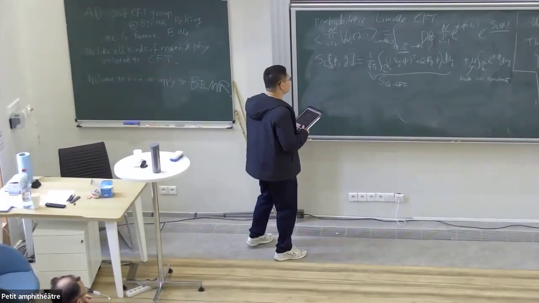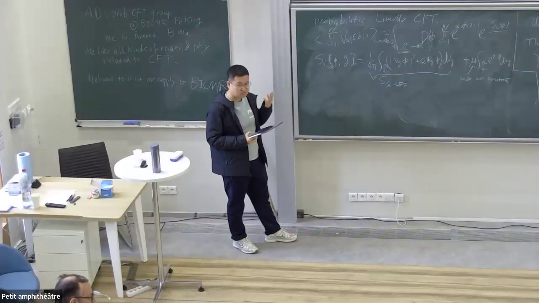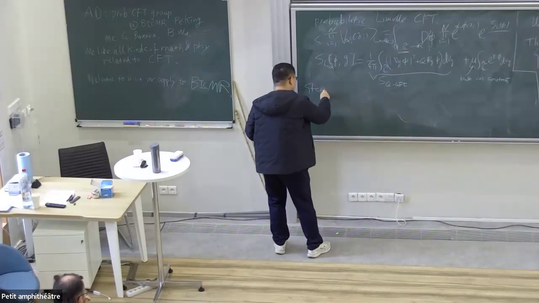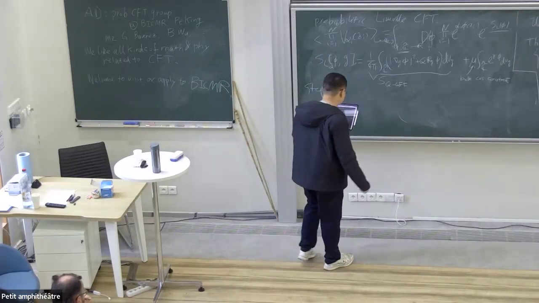And the probabilistic definition of this correlation function can be done in 2 steps. So step 1, it's not very hard to make sense of this measure.